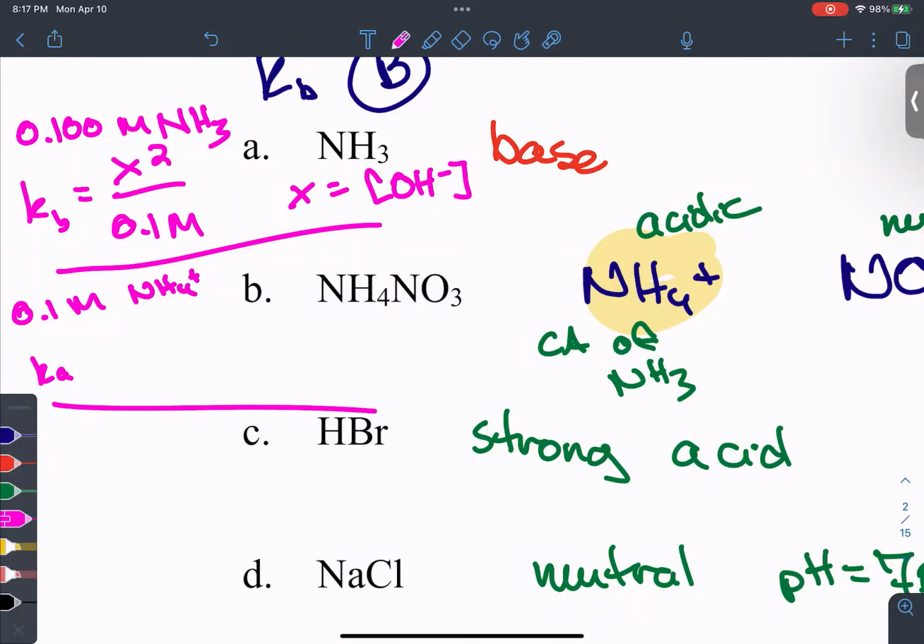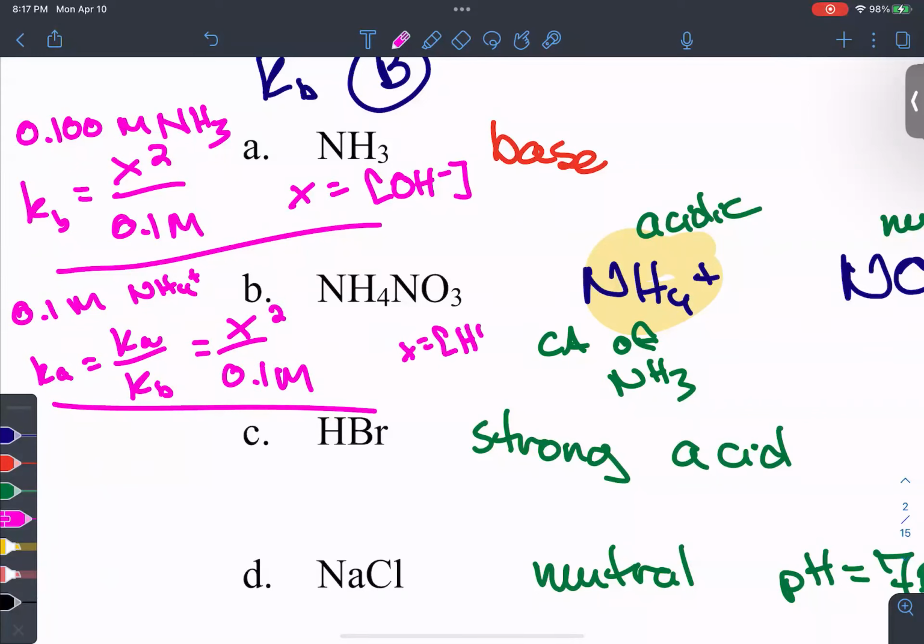No, they're going to give you what? Kb of ammonia. But that's okay, because Ka and Kb are related to one another. Ka is equal to Kw over the Kb that's given, and then that is equal to x squared over 0.1 molarity. But in this example, when you calculate for x, x is the concentration of what? H plus, yes, x is equal to the concentration of H plus, because you used Ka.